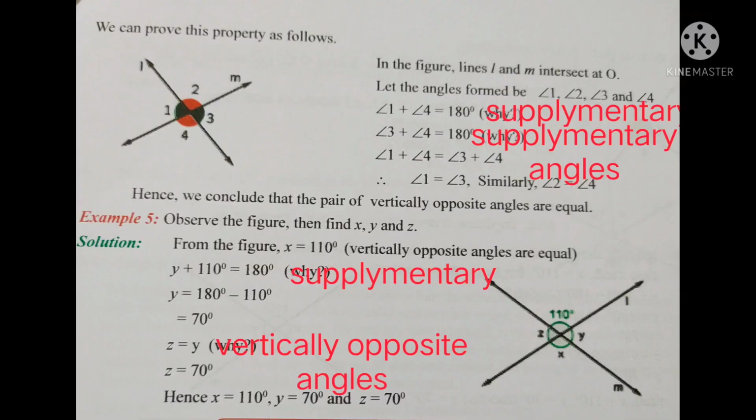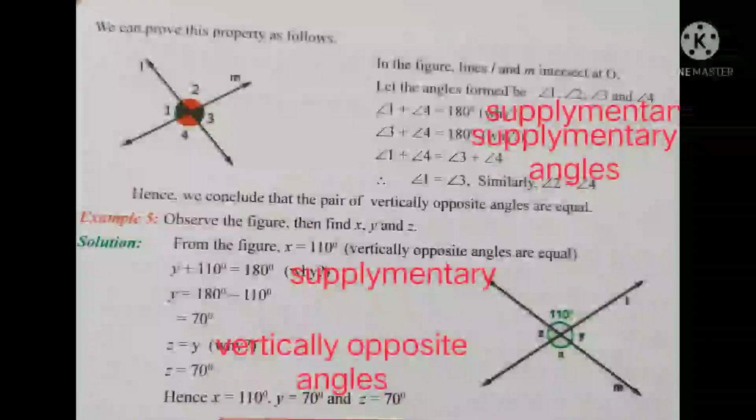Why? Because vertically opposite angles are equal. So always, vertically opposite angles are equal.